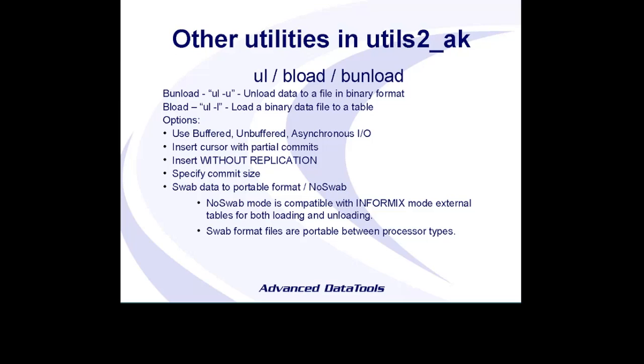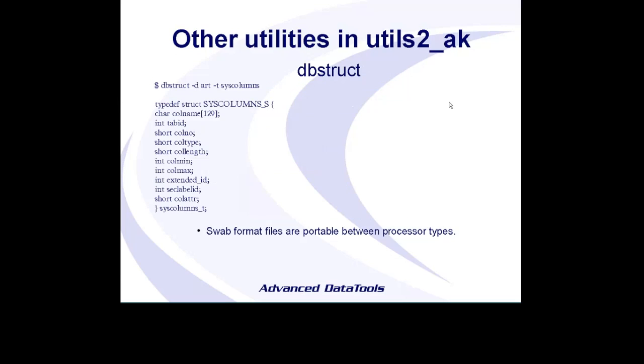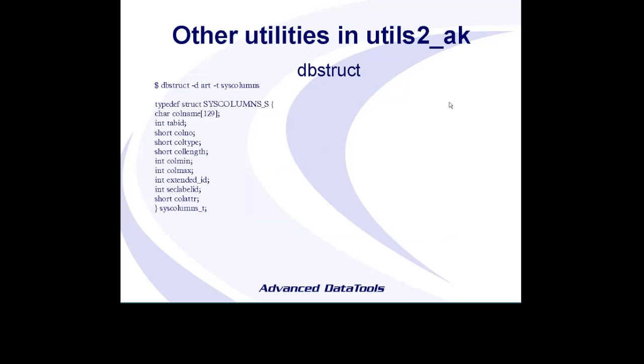There's a utility dbstruct. Dbstruct takes a database name and a table name and creates structures for header files for your developers. It has some options. By default, it creates a C structure. But there's an option to create an ESQL-C declaration, including the begin declare section and end declare section statements.